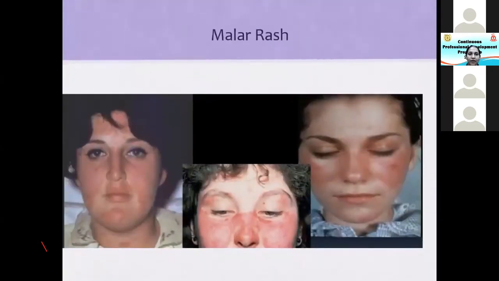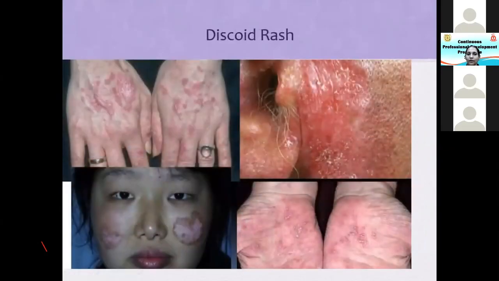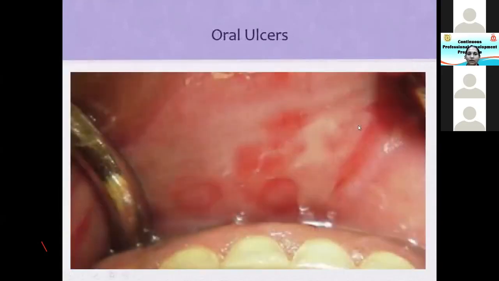So you see the malar rash in the butterfly distribution over the face, across the nasal bridge as well. And we have discoid rashes, more discrete, coin-like lesions that are seen on the face, the hands. Then you have mucosal ulcers, the aphthae that you see usually.